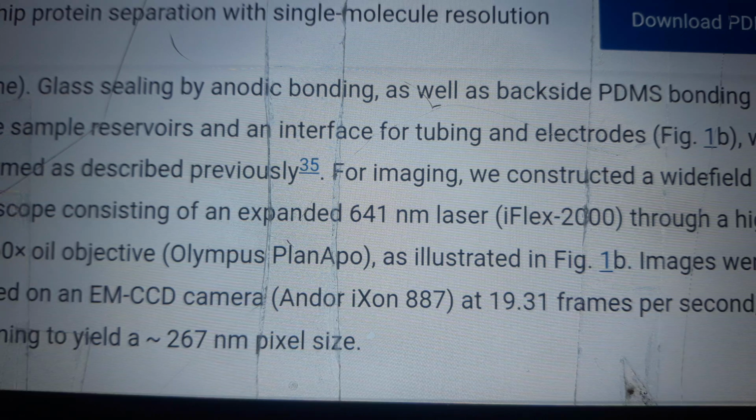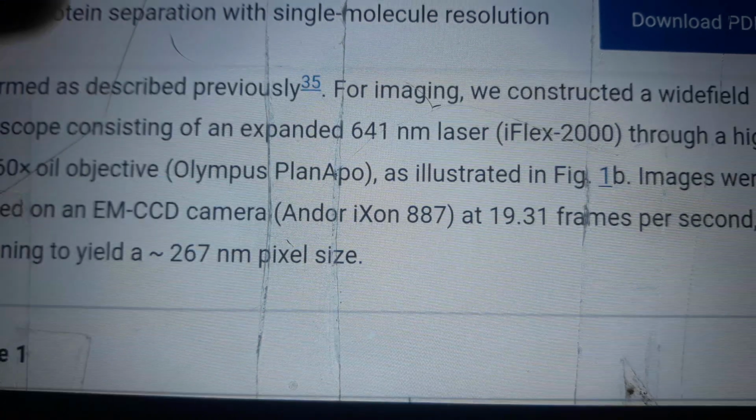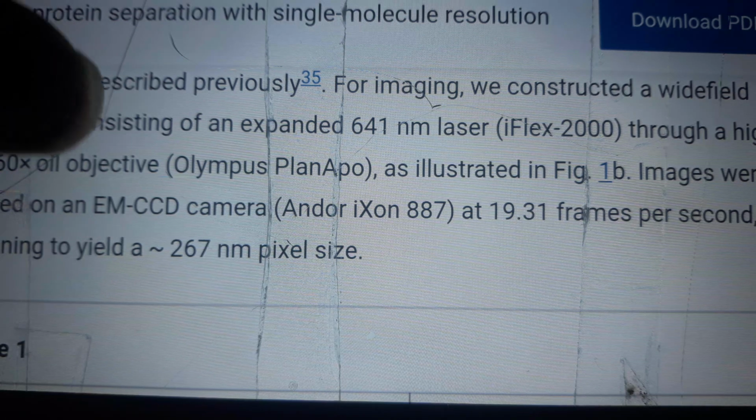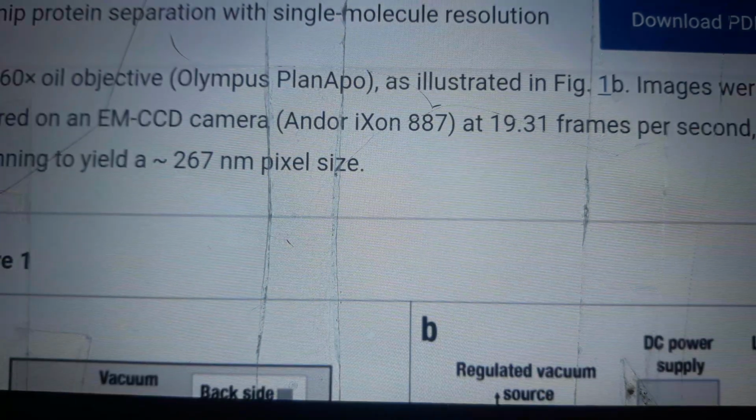For imaging, a wide field microscope consisting of an expanded 641 nm laser, iFlex 2000, through a high NA 1.45, 60x oil objective, Olympus Plan Apo, was used, and images were acquired on an EMCCD camera, Ixon 887, at 19.31 frames per second.